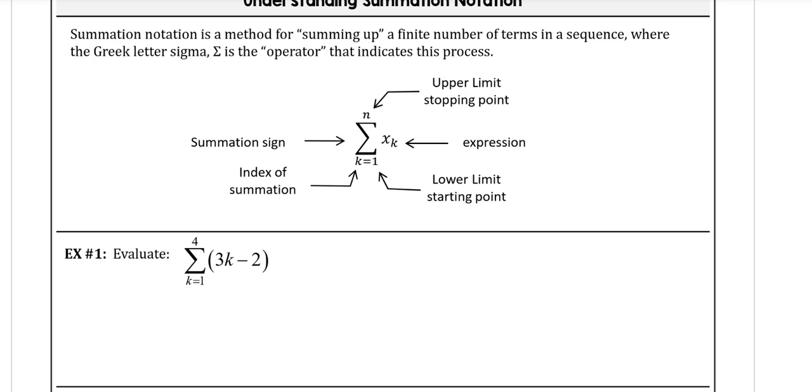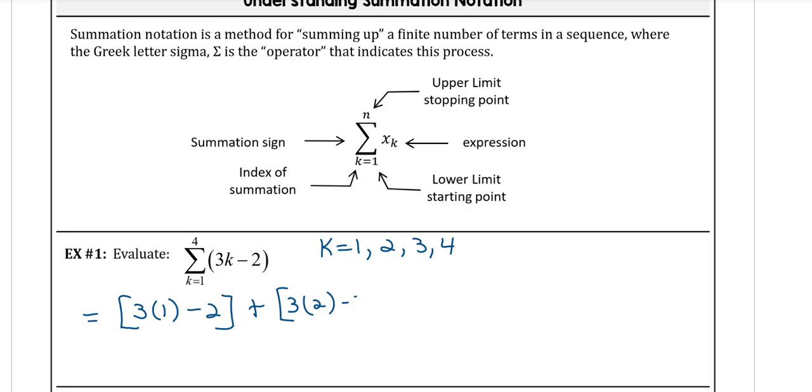To evaluate this, here's our expression, 3k minus 2, and we're going to start at the first counter as 1, and we want to count 4 terms. To set this up, we first want to recognize that we're going to be substituting in k equals 1, 2, 3, and 4. So we're going to have 4 substitutions. The first term will be 3 times 1 minus 2. To that, we add 3 times 2 minus 2.